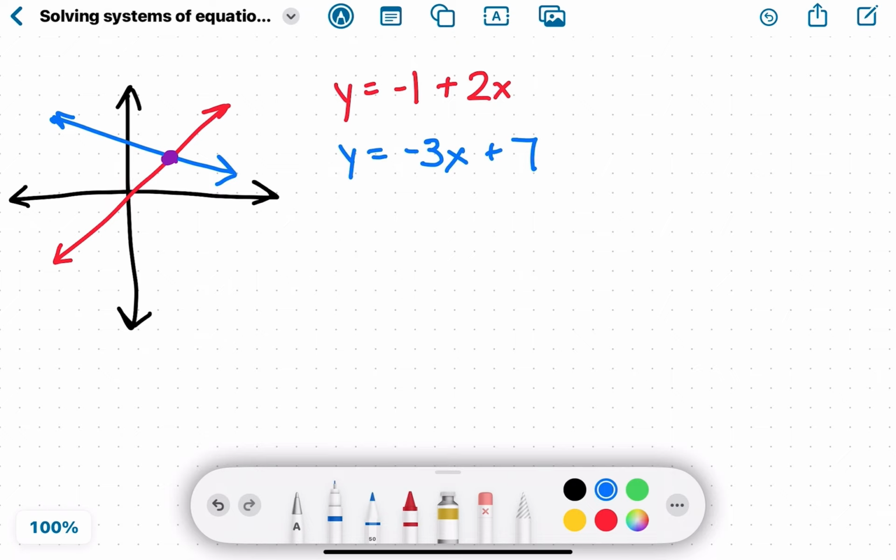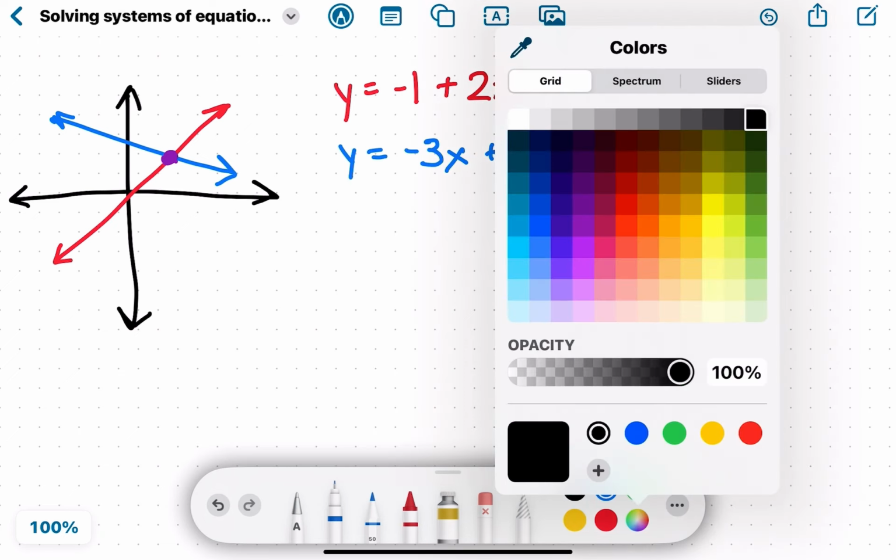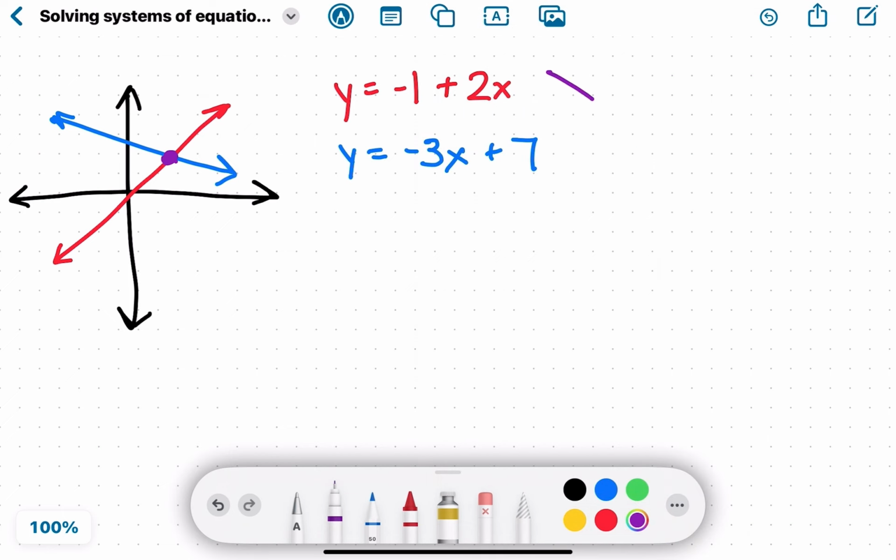Okay, now we need to figure out what common point these two have, what purple point they have, where the x and the y are the same.